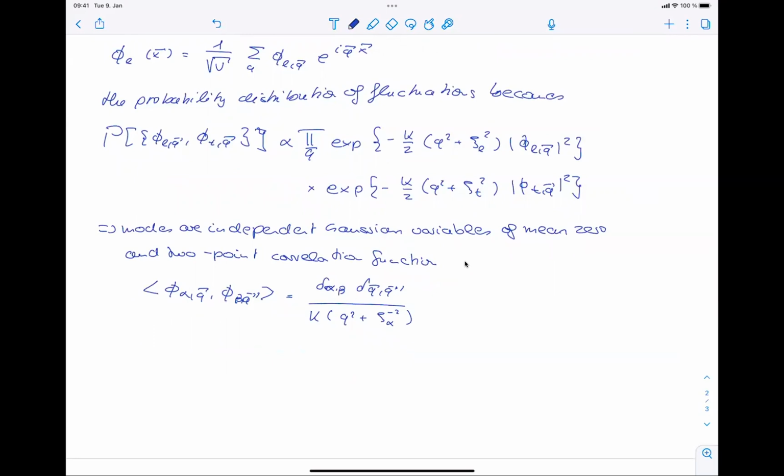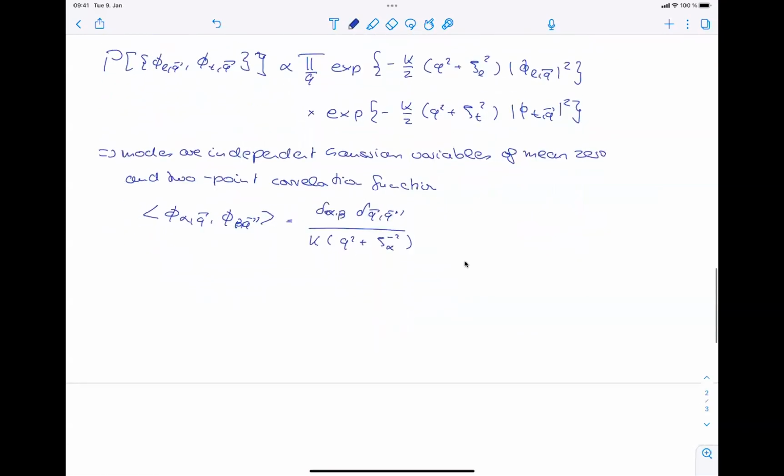And this is really powerful because these fluctuations I can measure in scattering experiments. These correlations give me direct access to the correlation lengths of the different modes.